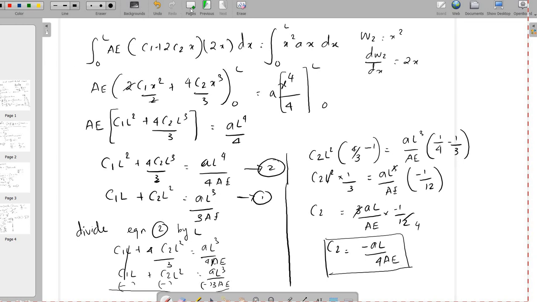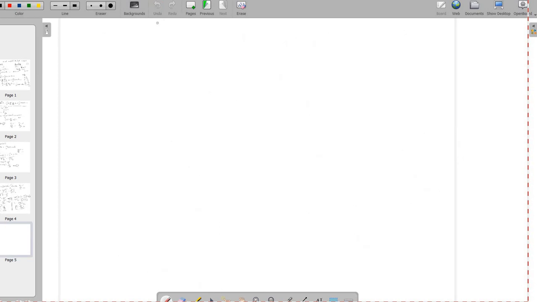Okay, next we are going to find out the C1 value. For this, I am substituting in equation number 1, C1L plus C2L square is equal to AL cube by 3AE. So C1L is equal to AL cube by 3AE minus C2L square.